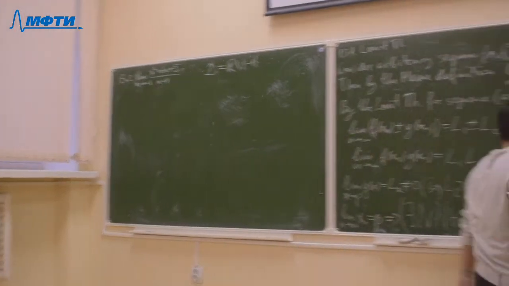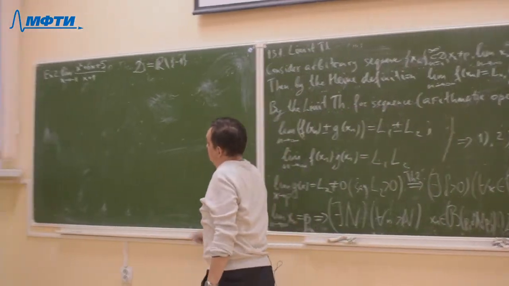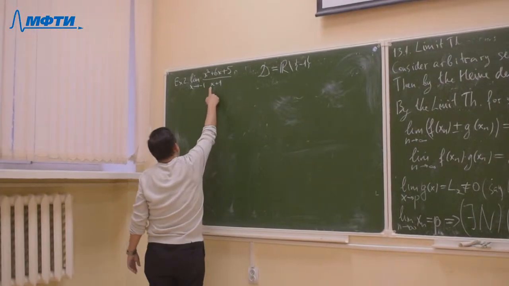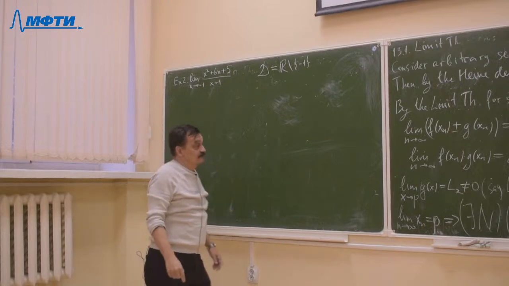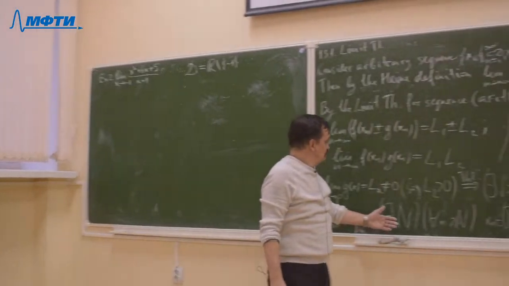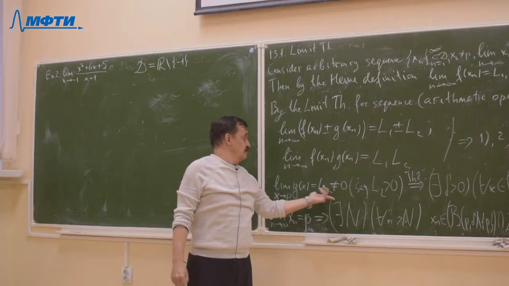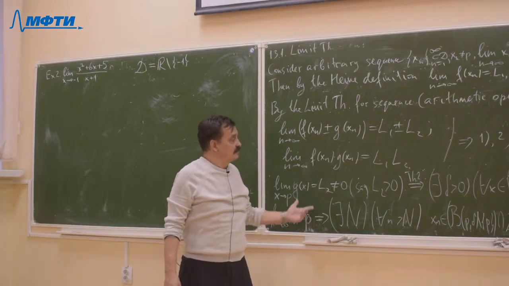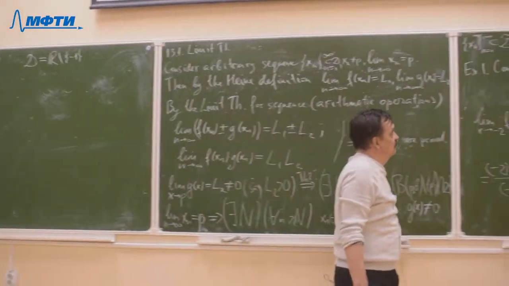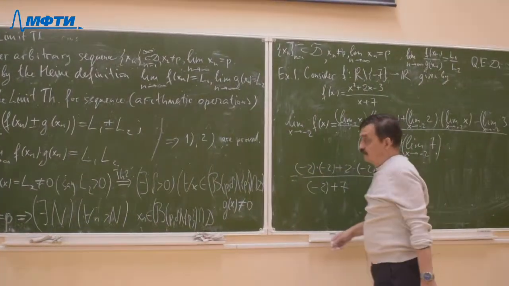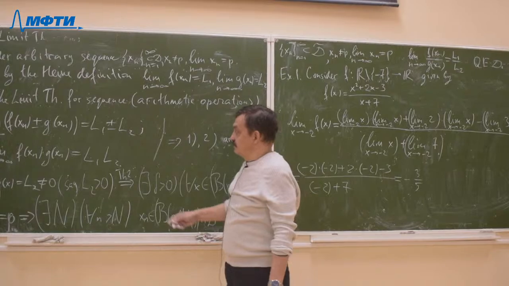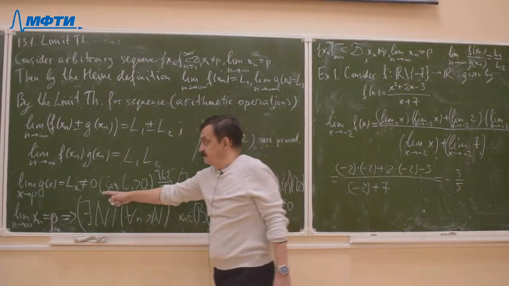Why? Because in the denominator we have 0, and hence we cannot use this theorem because of the supposition that the limit of the denominator is not 0.